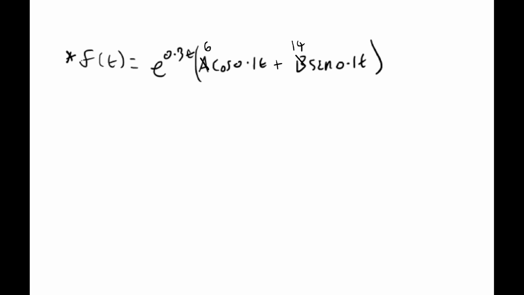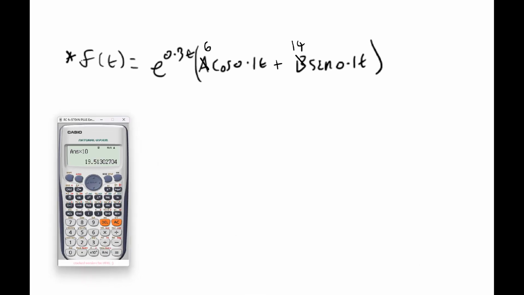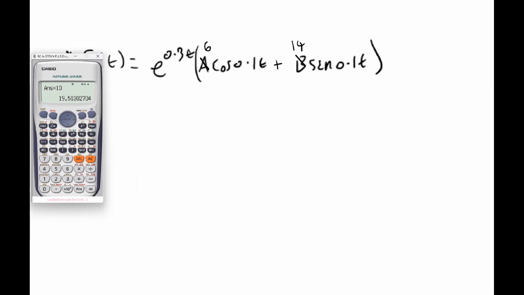If I substitute that value in, it should give me the correct answer. I recommend doing it in stages. So e to the 0.3 times what I just had, and make sure you're in radians, 6 cos 0.1.